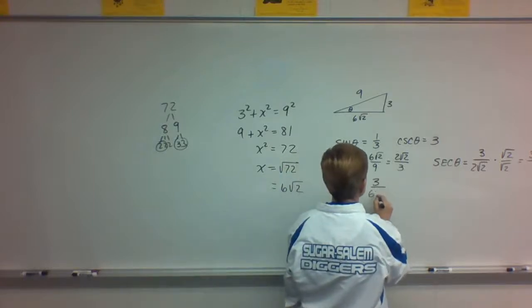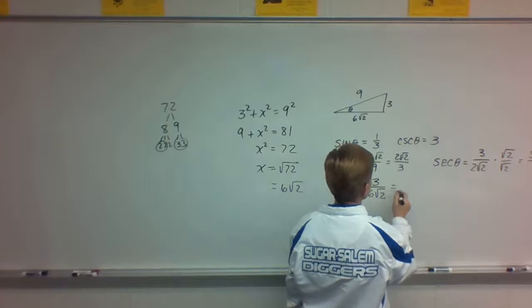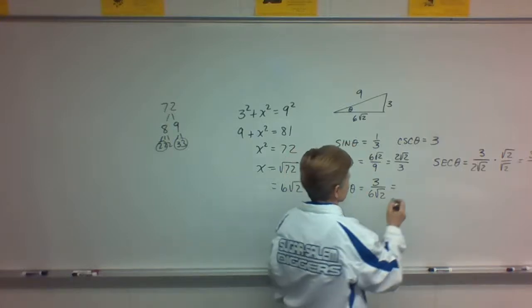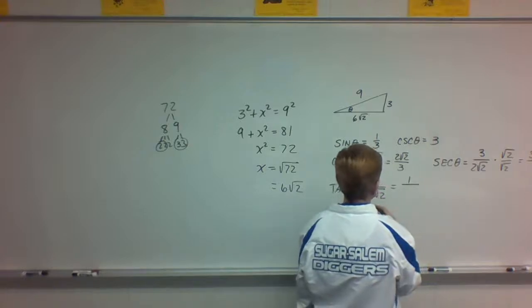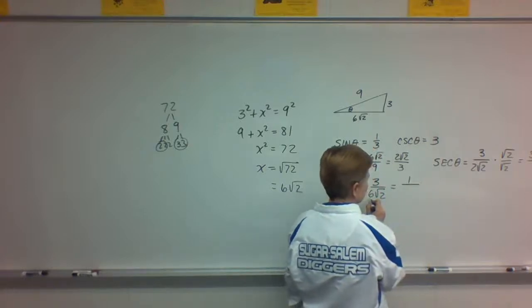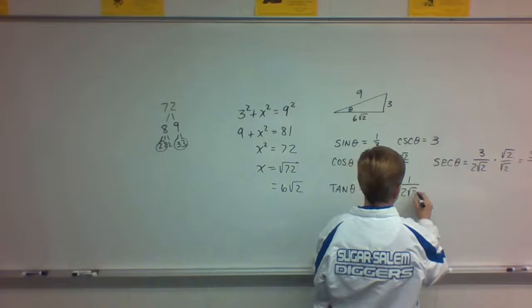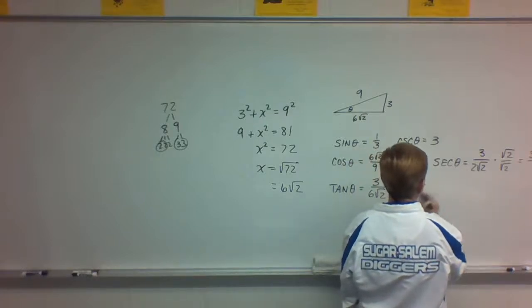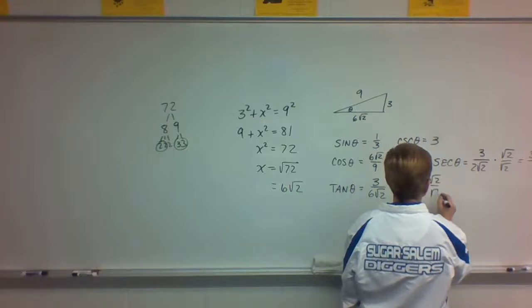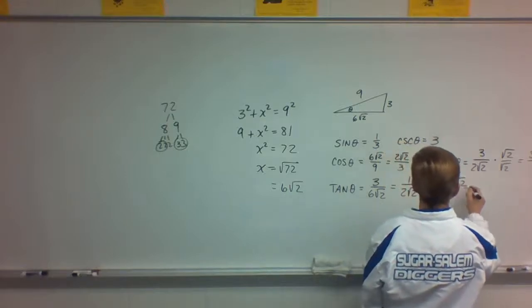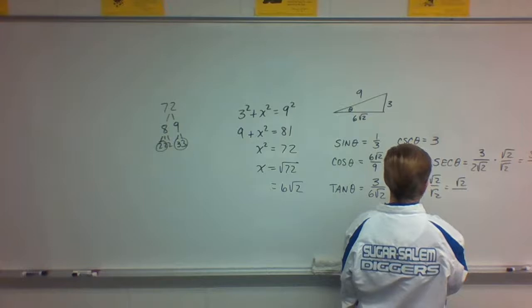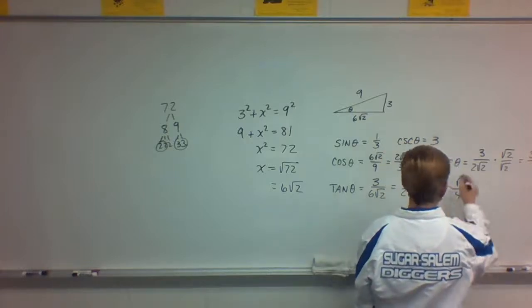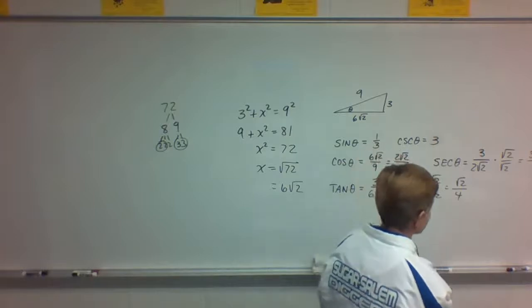Before I rationalize the denominator, what does that simplify to? 1 over 2 root 2. If I rationalize that, what do I have to multiply by? Root 2 over root 2. And that gives me root 2 over, yep, 2 times that 2 is 4. So that's the answer to tangent theta.